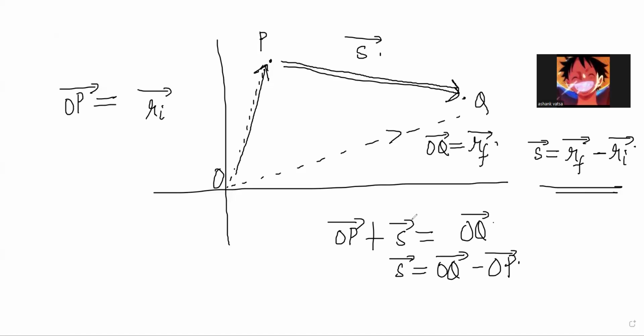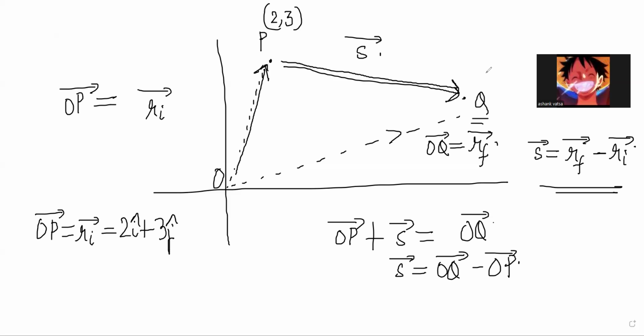You need to know what a position vector is. A position vector is the vector joining the origin to your current position. If P was at the point (2, 3), the initial position vector Ri is 2i plus 3j.